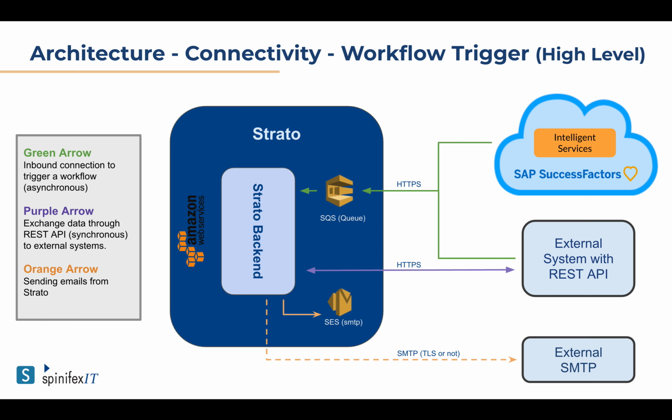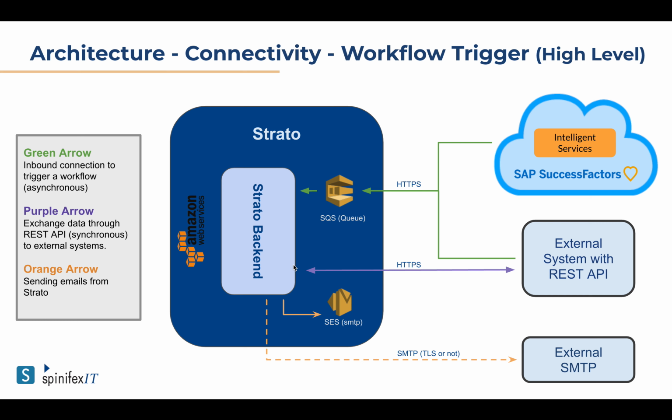The advantage of working with a queue is that if a customer sends 2,000 job offers at the same time, the server of Strato will be protected, and we know that all the jobs will be in the queue. Next to that, Strato can actually call external data.